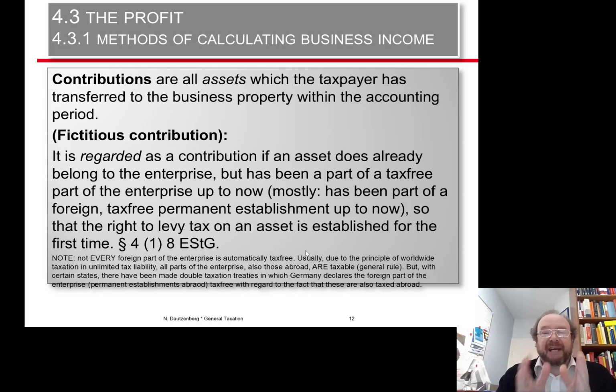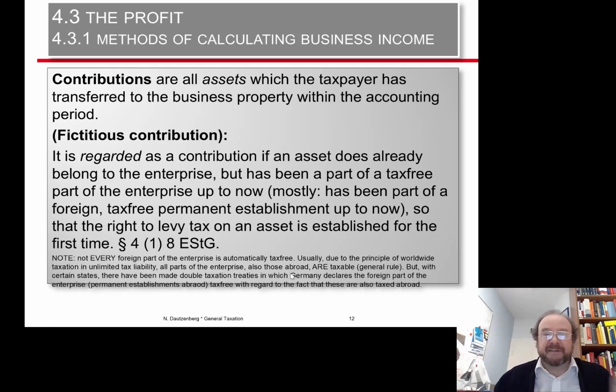So if you do not have a double taxation treaty with that country, such a fictitious withdrawal cannot really happen. And on the other hand, if you don't have a double taxation treaty which grants the exemption method, then the problem does not show up, or does only show up in a different way. So this is rather the exception, although a widespread exception, but the basic principle for you and me is still unlimited tax liability.